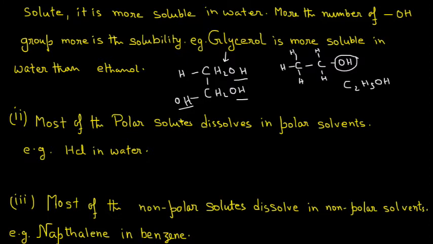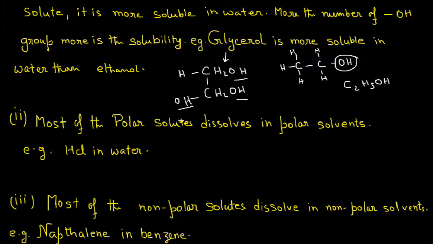Most of the non-polar solutes dissolve in non-polar solvents. So it is just opposite of point 2. Here we want to say that non-polar solutes dissolve in non-polar solvents. For example, naphthalene and benzene are non-polar, so they cannot be divided into partial charges.